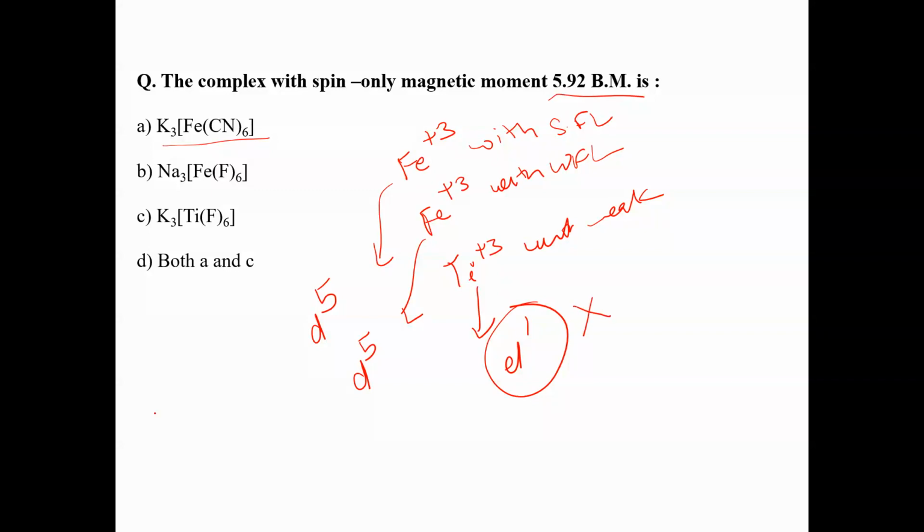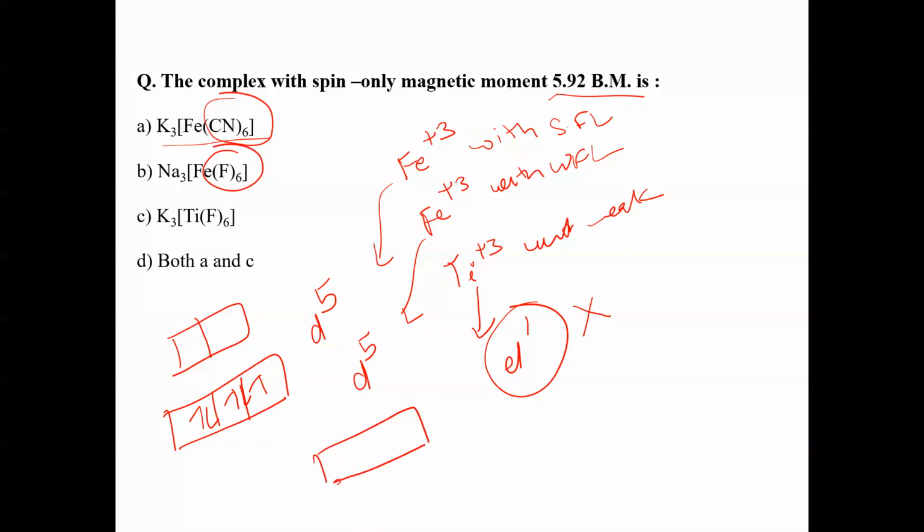So let me fill these electrons, since it is an octahedral complex. If it is this ligand, the cyanide ligand, it will be like this. And if it is a weak ligand like fluoride ligand, it will be like this.